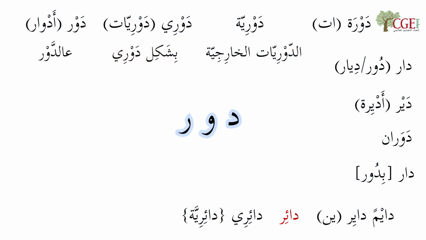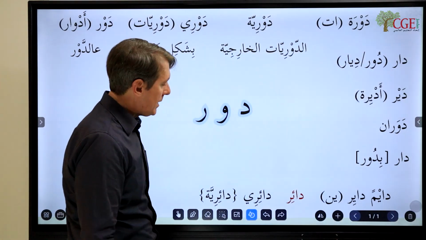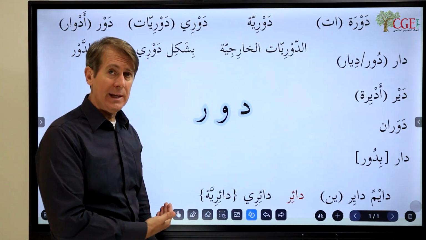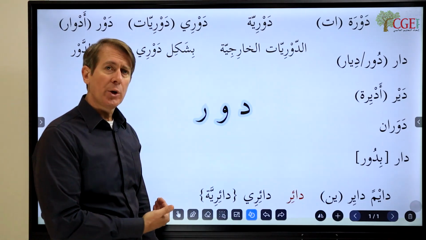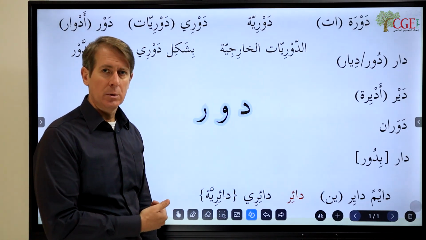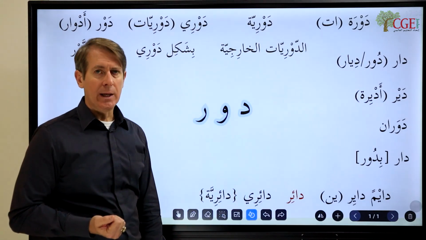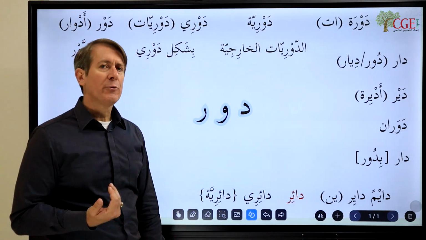The next one is da'iri. Da'iri is an adjective from the word, which we're going to see in just a minute. It's from the word for circle, okay? So this means circular, da'iri. And it's used more in Fusha.